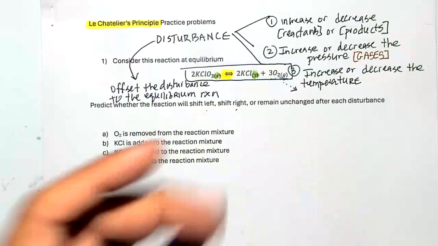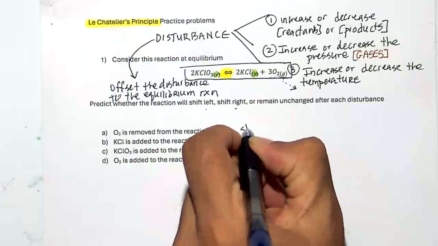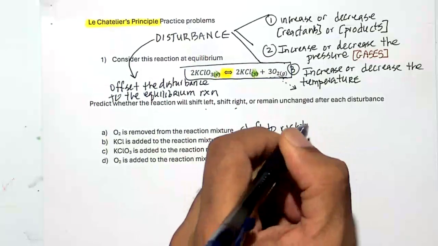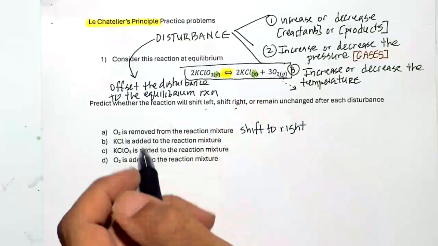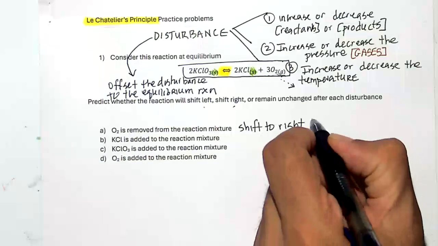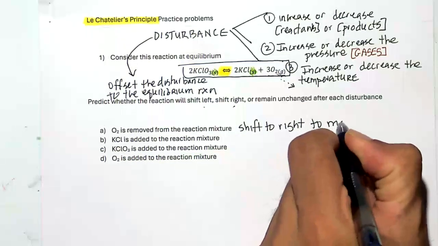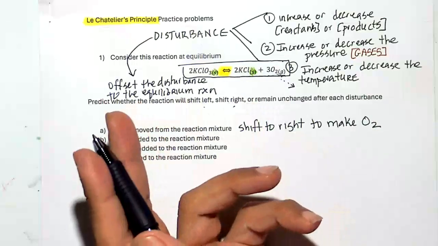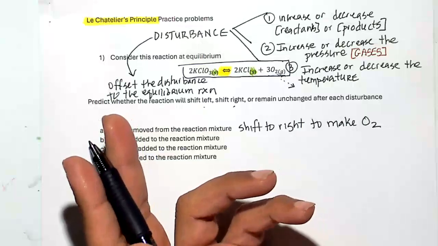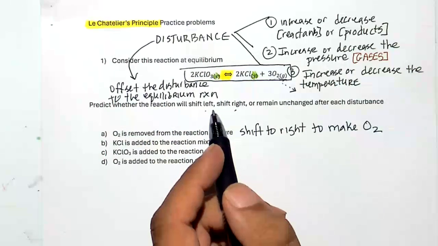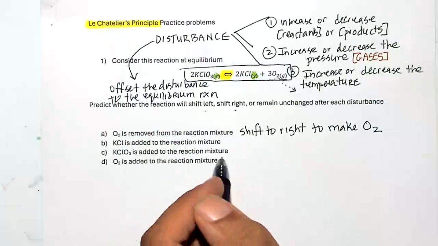So will this shift left or right? It's going to shift to the right, to the product side, in order to make O2. Why? Because you removed O2 in part A. So the reaction will go to the side to replenish the O2. That's the disturbance. It offsets the disturbance by making more O2.